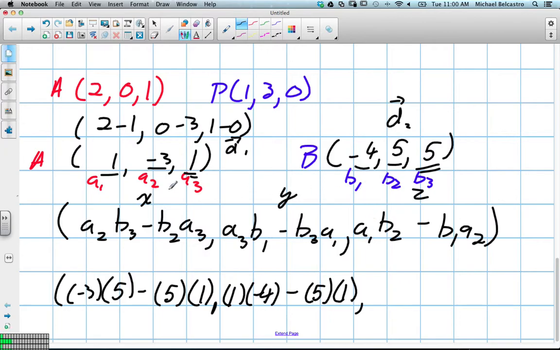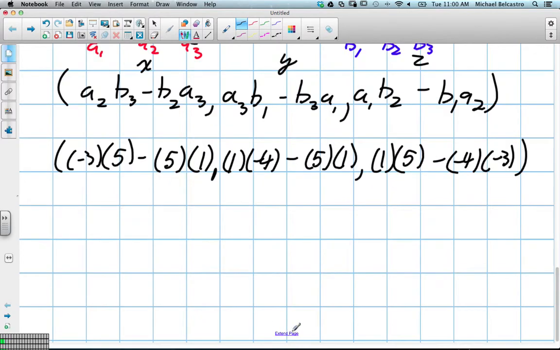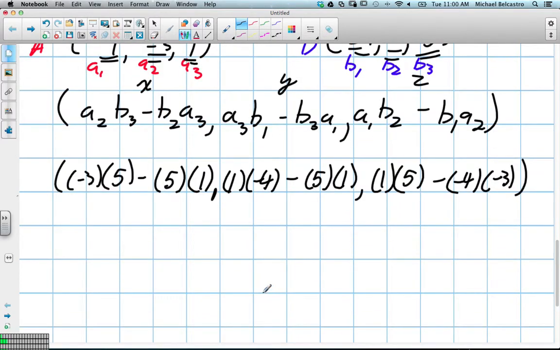And finally, our A1 is 1 multiplied by B2, which is 5, minus B1, negative 4, multiplied by A2, which is negative 3. So I've underlined them. They should all be underlined twice. Yeah, so I think I've done this correctly. Whoa, that's a little much.